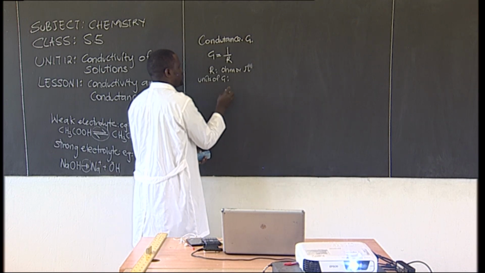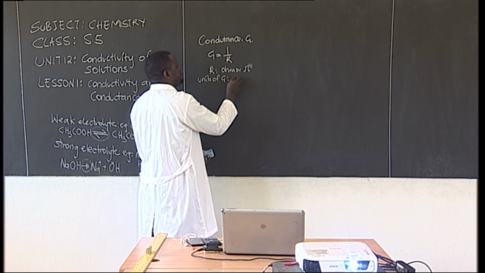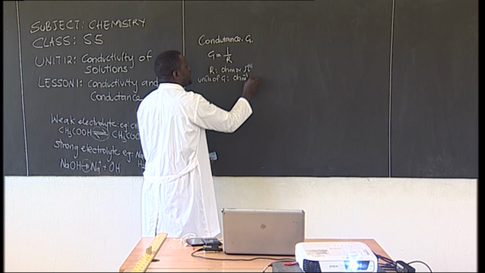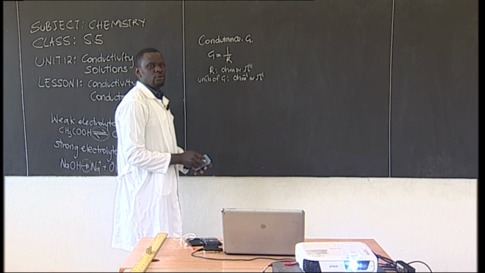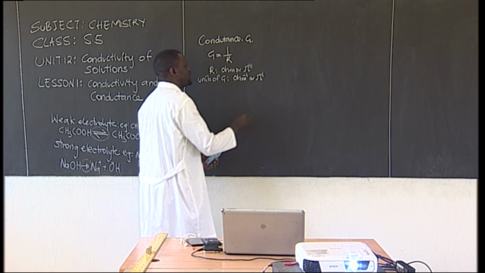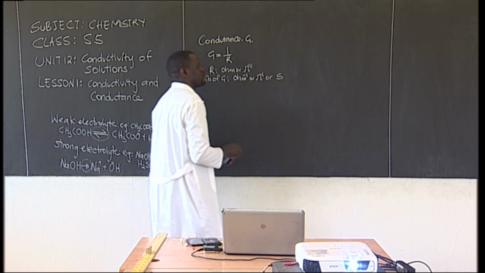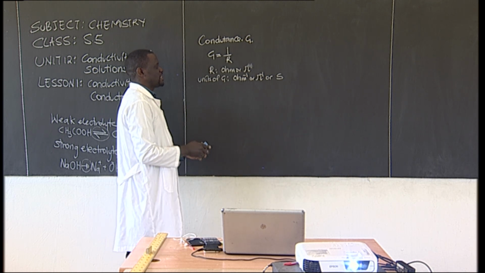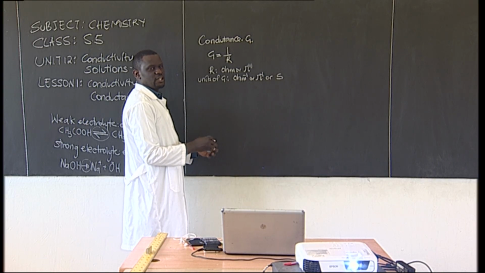You can use any symbol, but this time we are using G as our symbol. So here, the units are per ohm, or one over ohm. Sometimes we call them the Siemens. Those people who are supporters of Real Madrid, I think you've seen this thing. But it has a relationship with electricity.